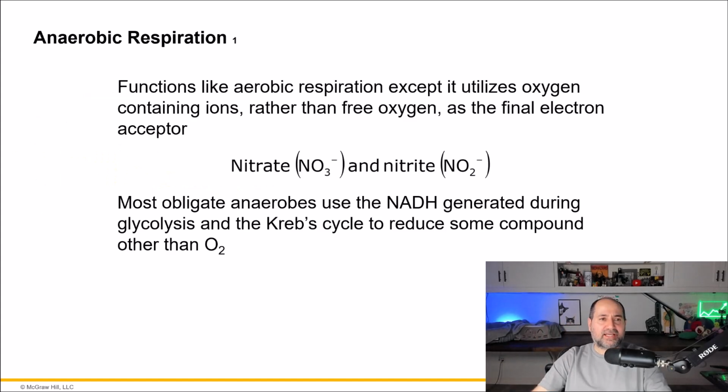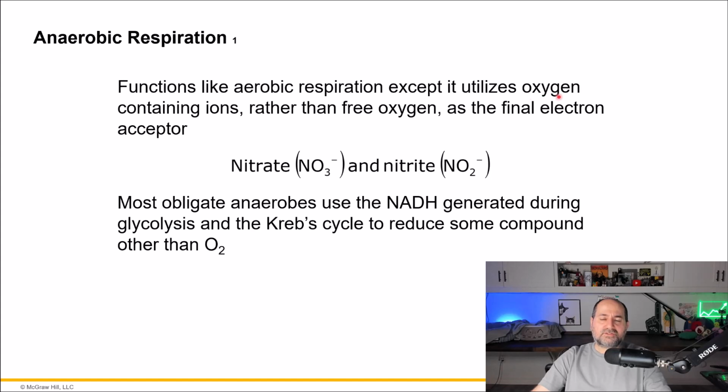Next, we're touching on anaerobic respiration again. Remember, anaerobic respiration is very similar to aerobic respiration, except the fact that instead of oxygen picking up the electrons at the end of the electron transport chain, from complex 4 during oxidative phosphorylation. And by the way, remember when oxygen picks up those electrons, it becomes water.